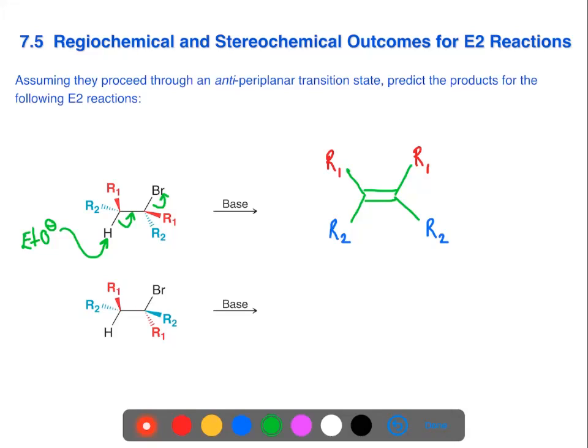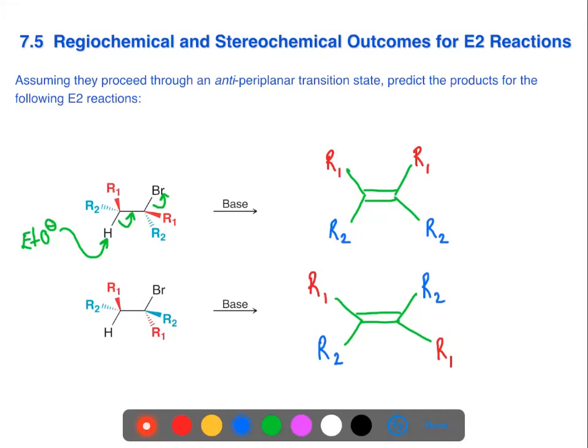So in this example, we make R1 on this side of the double bond. The other substituent shown here in red will be on the opposite side. And the R2s will also be trans to one another. So these are the two stereospecific products of this particular E2 reaction.